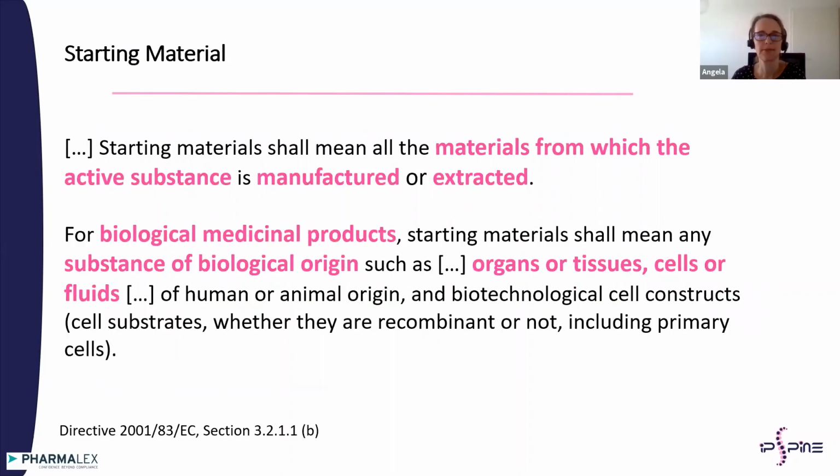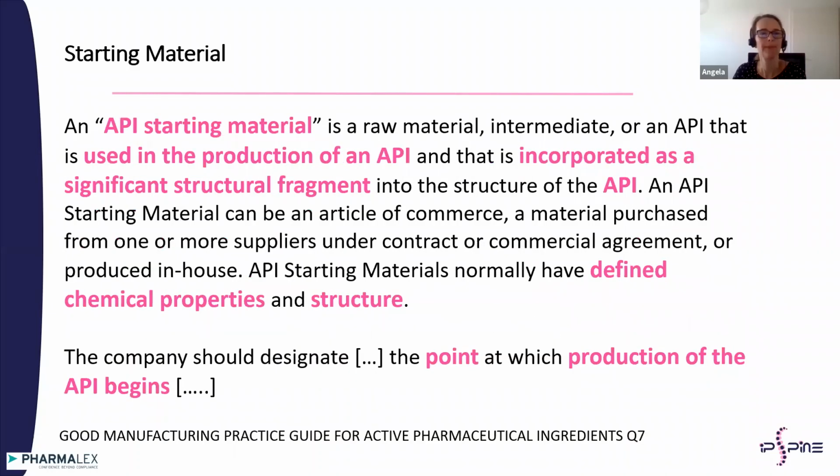What is a starting material? A starting material, by definition, is material from which the active substance is manufactured or extracted. And for biological medicinal products, this means a substance of biological origin, so the origin has been an organ or tissue, a cell or a fluid. Now, in the GMP guide for APIs, there is some more information.